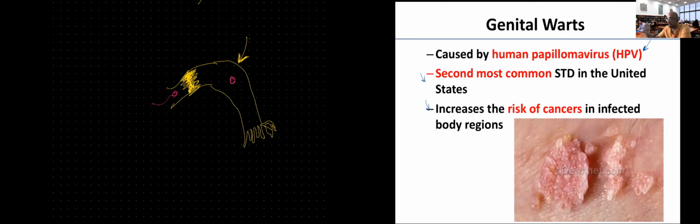And that's why people are going to be performing pap smears. So why do we perform a pap smear? A pap smear is simply getting cells from the cervix and checking them under the microscope to make sure that there is no pre-malignancy in the cervix. The most common reason for cervical carcinoma is actually the human papilloma virus or the genital warts.